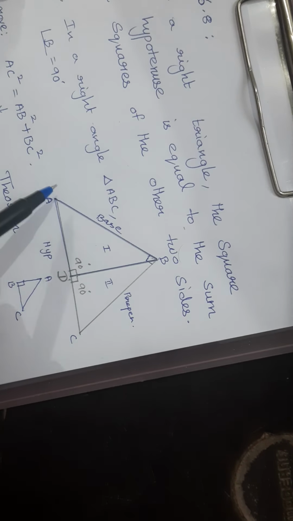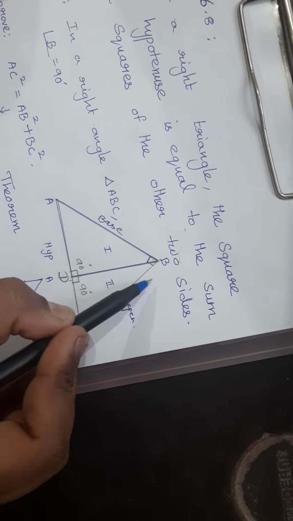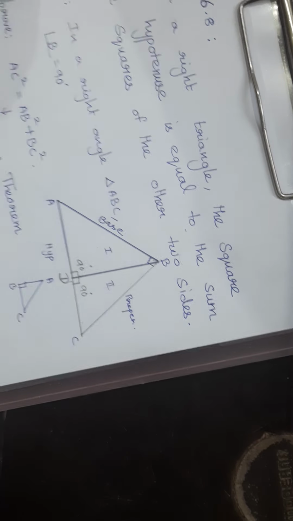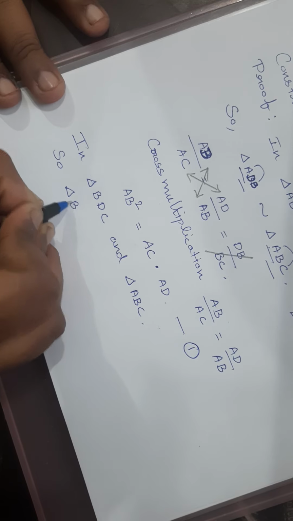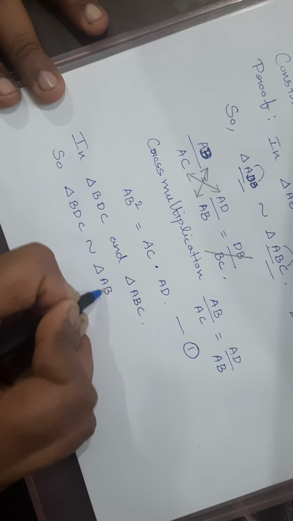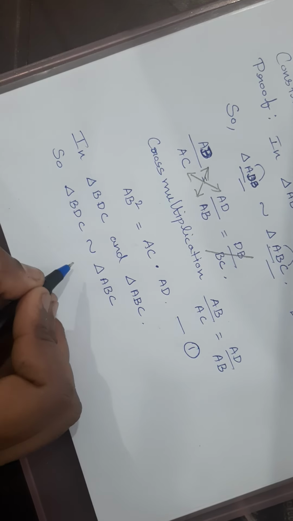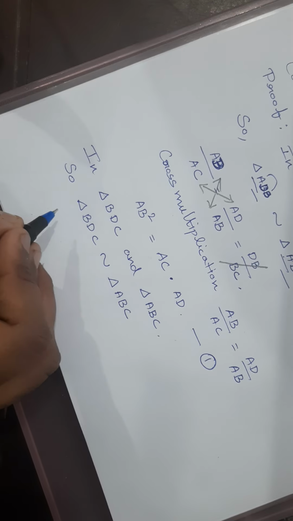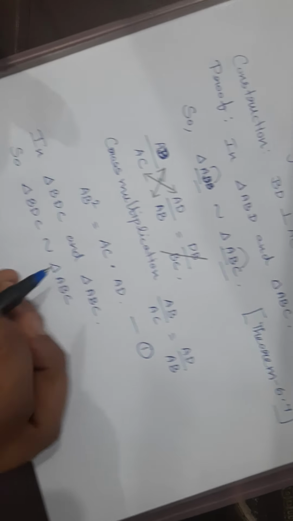Now you move on to triangle BDC and triangle ABC. Now that the first triangle is over, you take the next triangle with the similarity of triangle ABC. Triangle BDC is similar to triangle ABC. Now you got AB square, and now you need BC square.